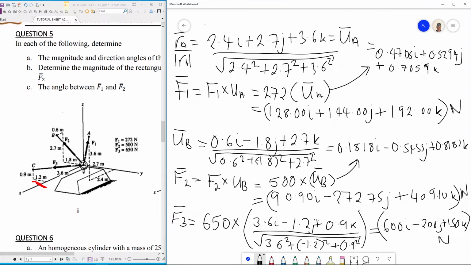So that's the third force. I hope my graphic calculation is making a bit of sense.